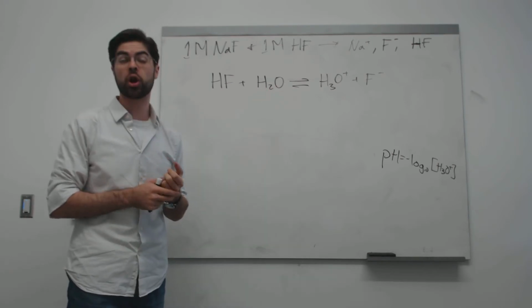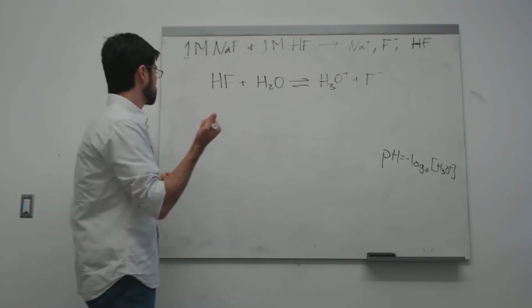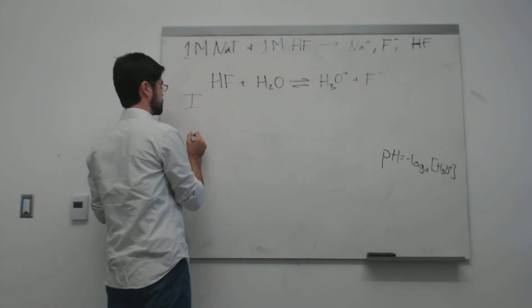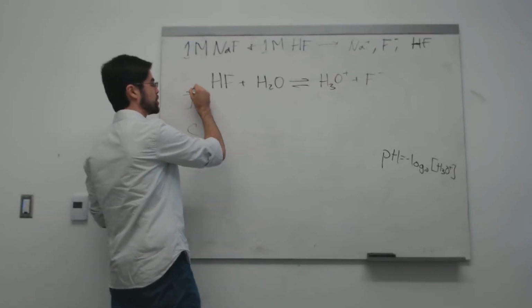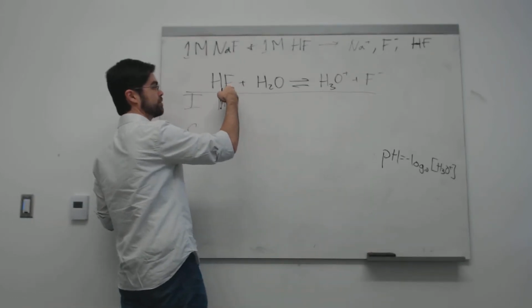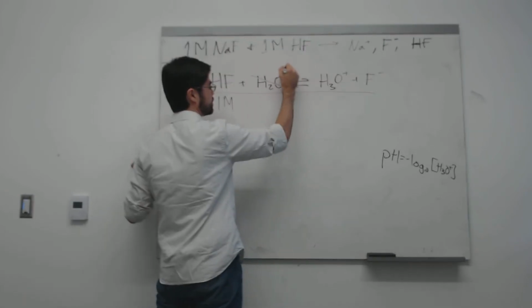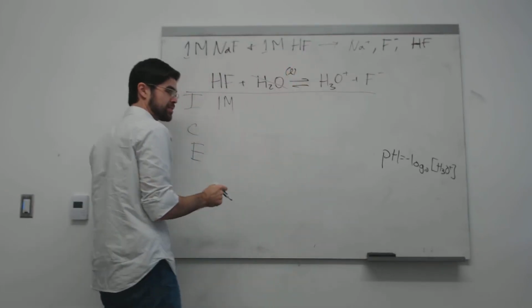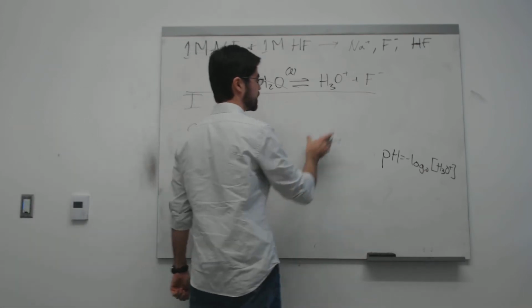This is something to solve using an ICE table. So I'll do my initials, my changes, and my equilibrium. I will assume that initially I have 1 molar HF, which I do. That's a reasonable assumption. I'll forget about water because it's a liquid. It doesn't factor into the equilibrium expression, into the law of mass action.